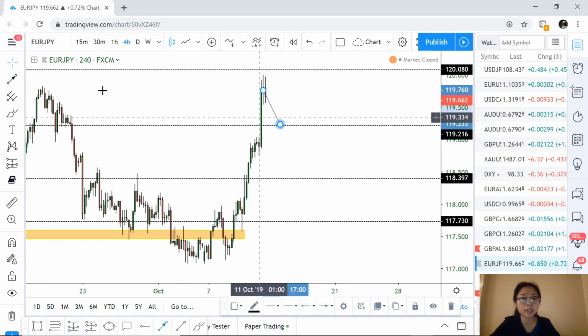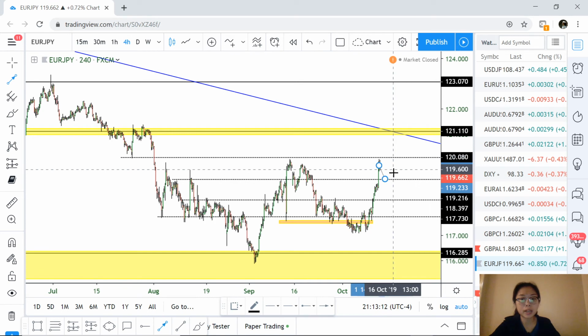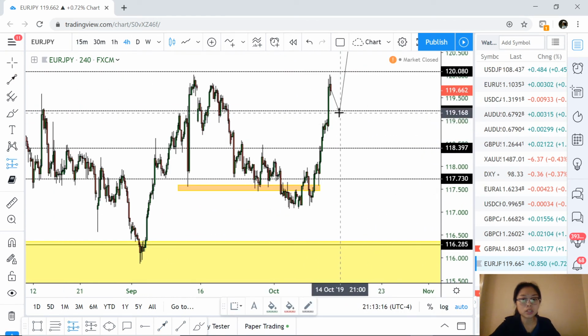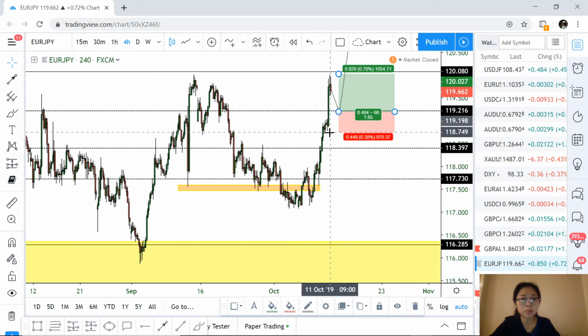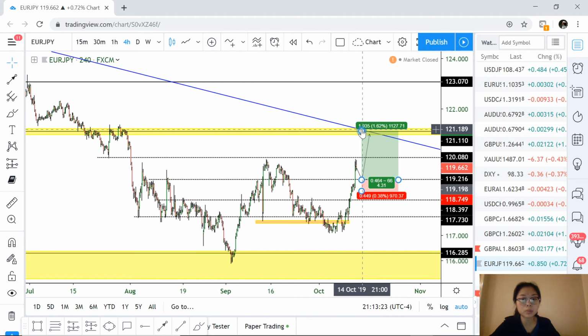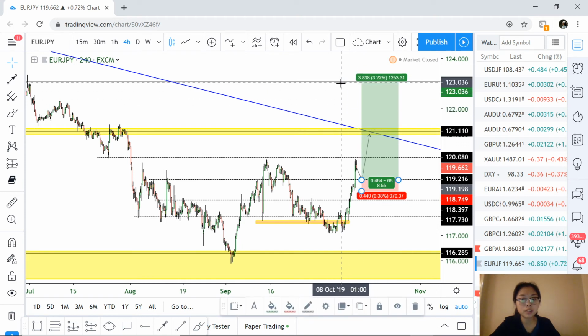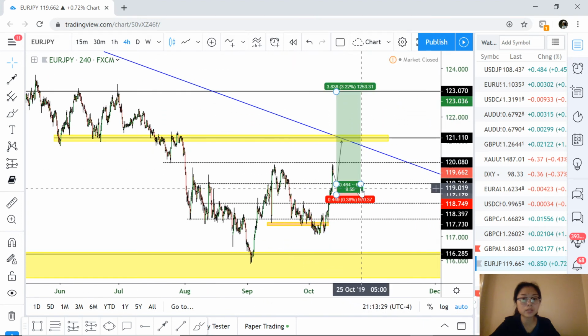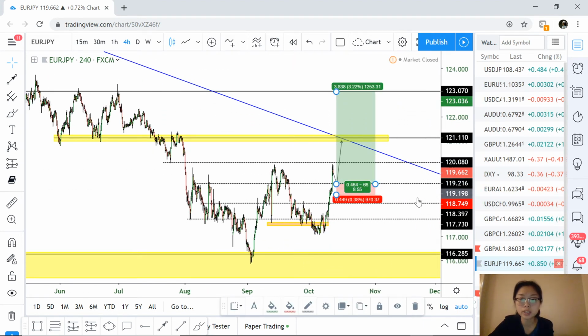A pullback into that is going to be my target, and I'll draw my green box there, stop loss right there, and take profit. First TP would be there, second TP. If you can reach up, that's around 200 pips. So that's around a 1 to 8 risk reward trade, depending on where you enter and all that stuff.